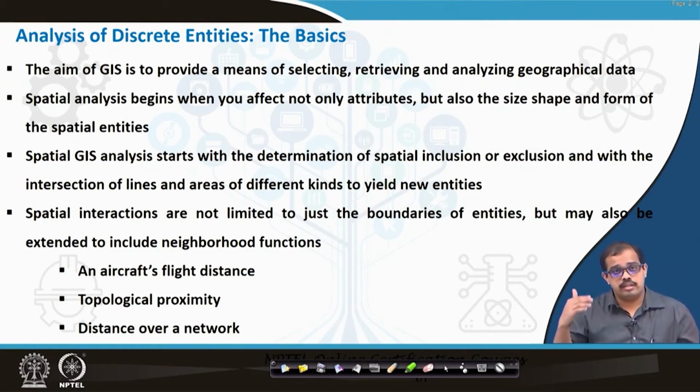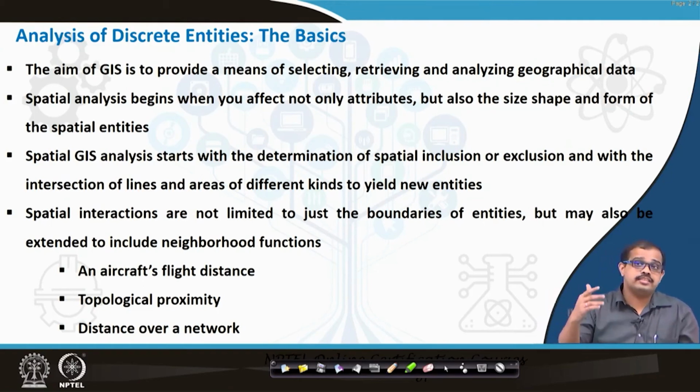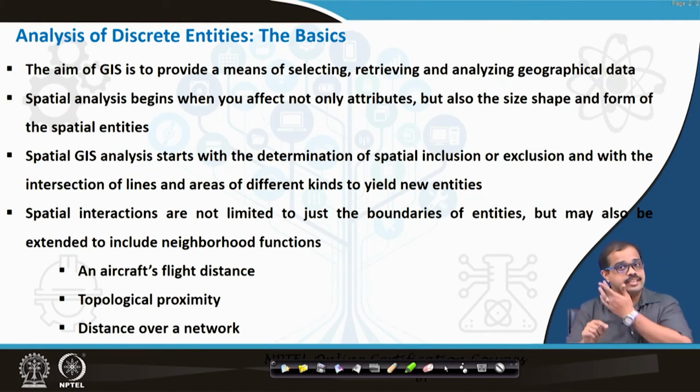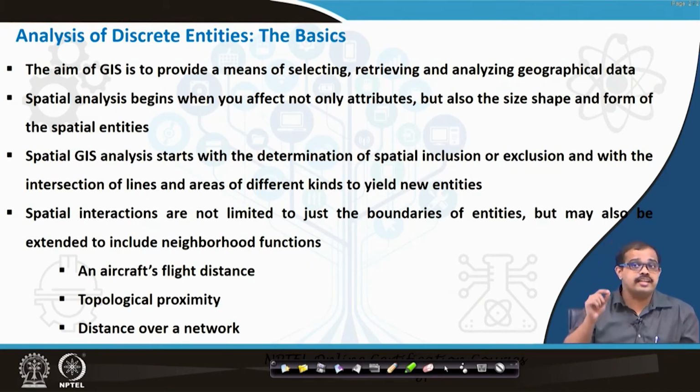Most spatial analyses also affect the size, the shape and the form of the entities. Okay. When I say discrete entities, these are discrete objects. Each of the entities will be affected in terms of size, shape or form.